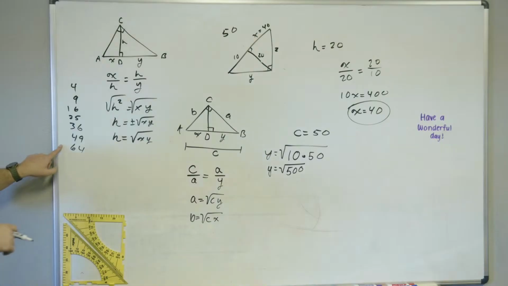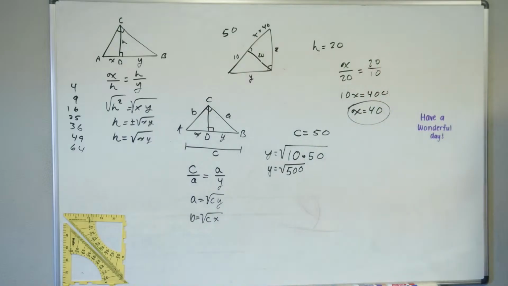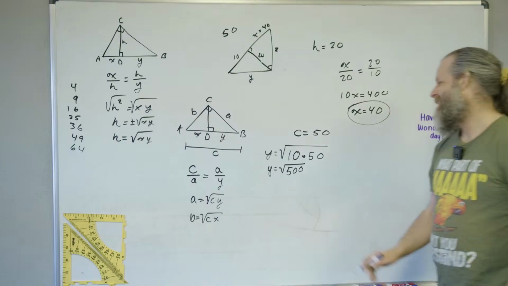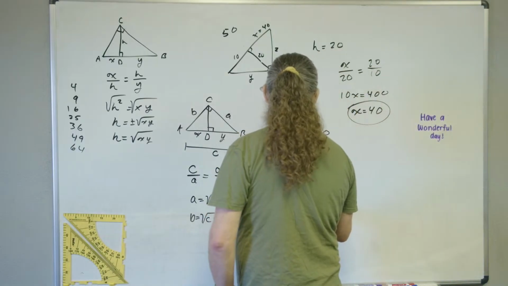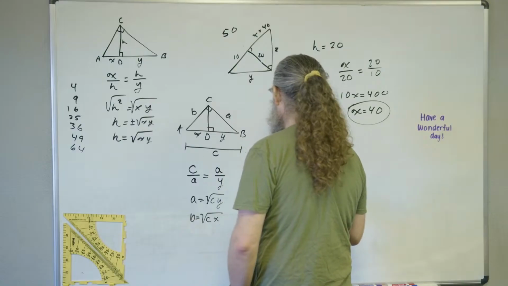So do any of these go into 500? One of them kind of obviously does, if you think about money. So 25 times what equals 500?